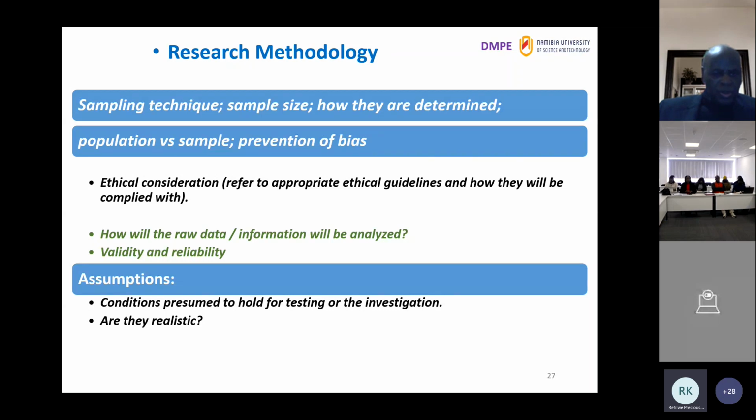I've said it before, you make assumptions. Are they realistic? Are the conditions you presume to hold for testing or investigation valid?